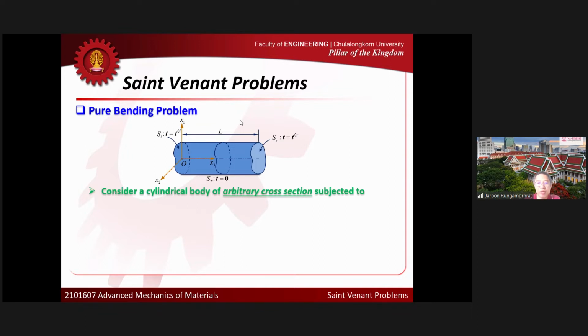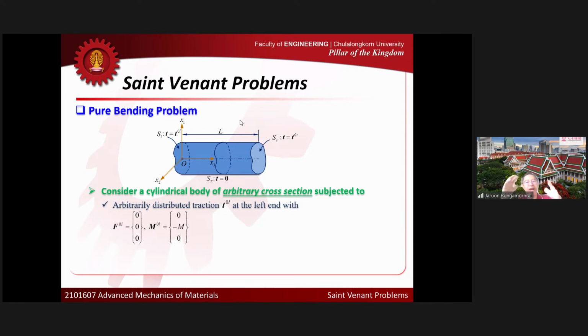Let's say that we look at, again, the cylindrical body, and the cross section is arbitrary. Look at the traction T0L at the left end. We applied some kind of traction at the left end that generates the net forces and moment like this.